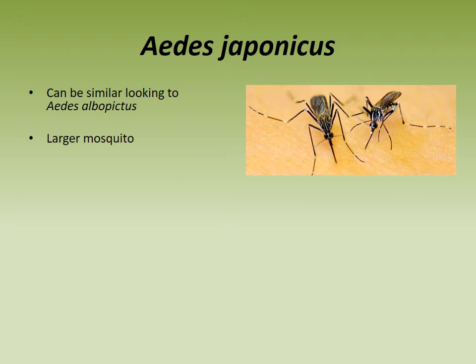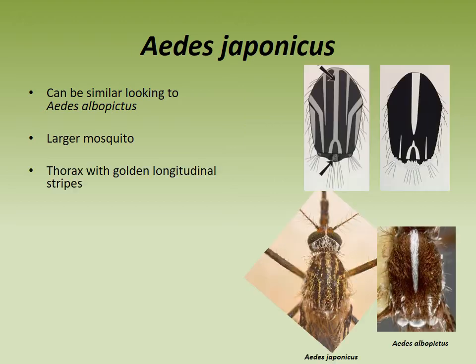Looking at the picture here, yeah, you can see them next to each other. You can also see some differences in coloration even in the picture. Obviously the markings as well. The thorax will have golden longitudinal stripes, looking kind of similar to a lyre shape, but not exactly.